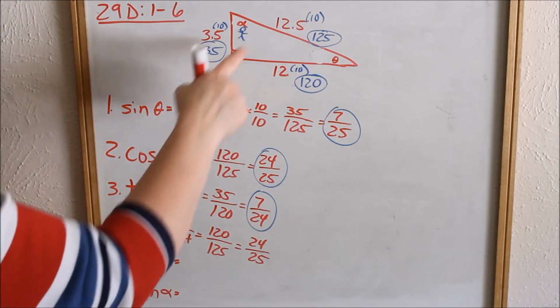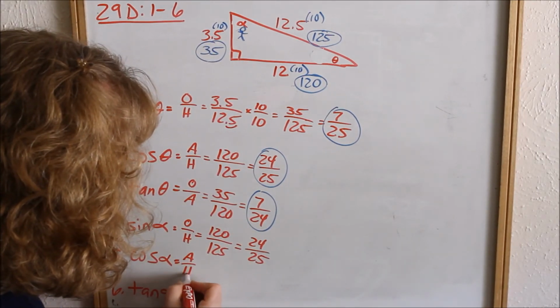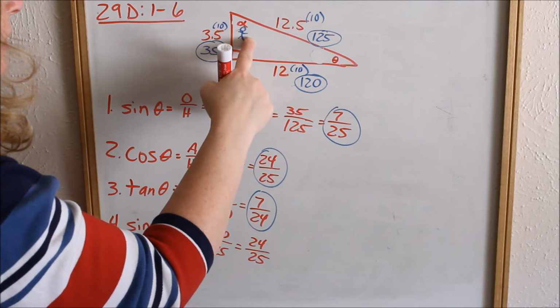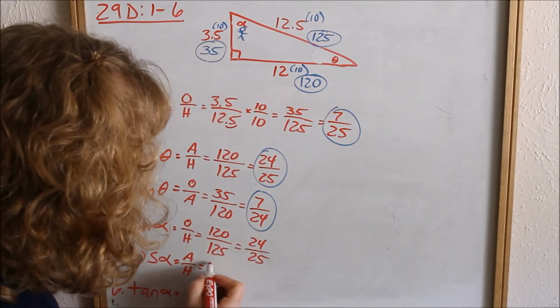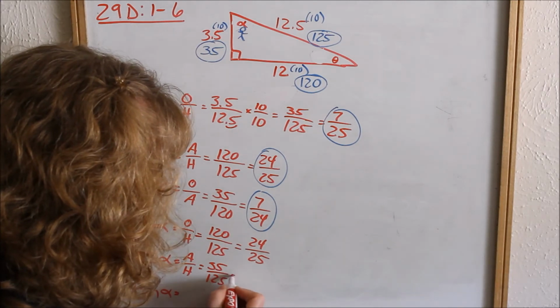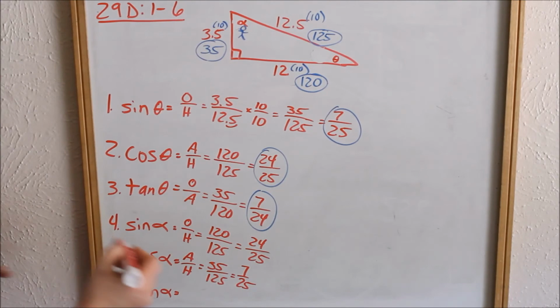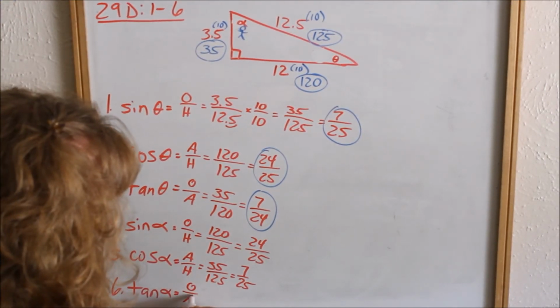Cosine alpha. I'm standing here. Cosine is adjacent over hypotenuse. If I'm standing here, the side next to me is 35. And the hypotenuse is 125. And that will reduce to 7/25. Tangent alpha is opposite over adjacent.